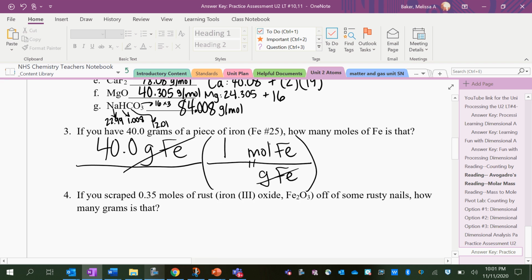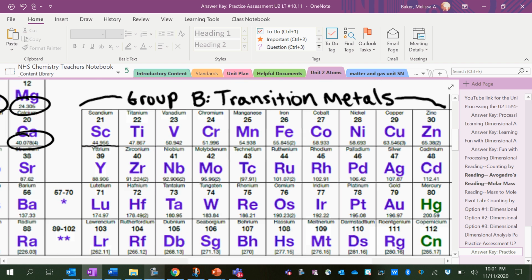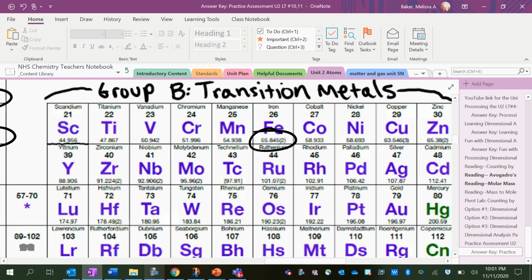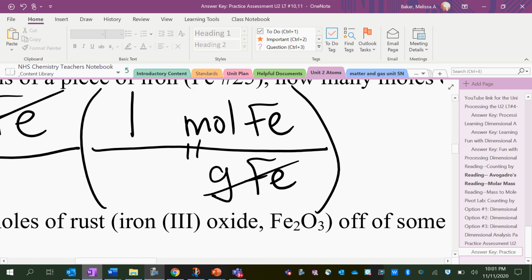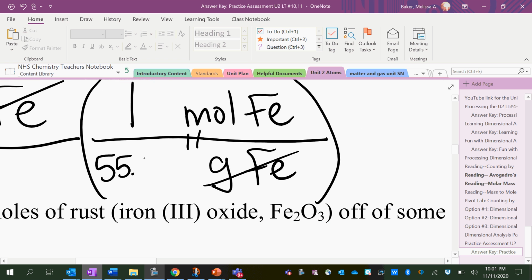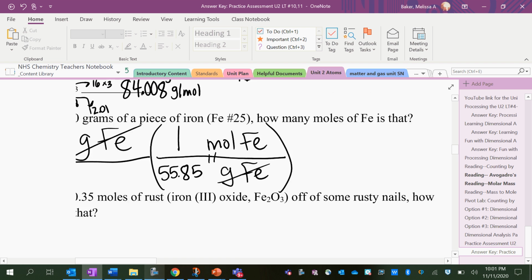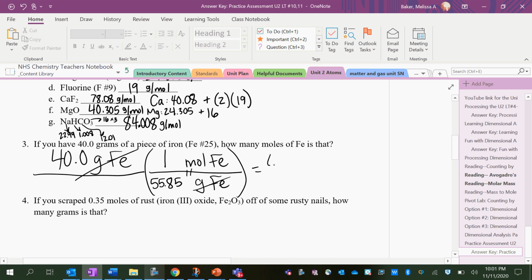We know 1 mole of iron is equal to 55.85 on the periodic table. And then we want to multiply across the top and divide by the bottom to get our final answer. So 40 divided by 55.85, answer 0.7 moles of iron.